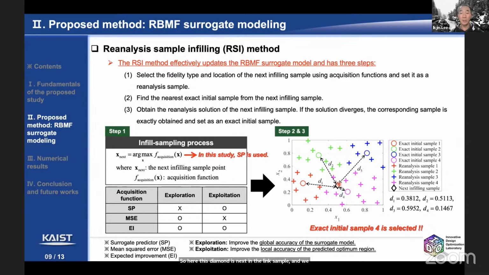Then to obtain the solution here, first we need to find the closest exact sample. In this example, T4 is the closest exact sample. Then using this D4, we could first find the reanalysis solution. And if it diverges, then this must be treated as an exact sample.